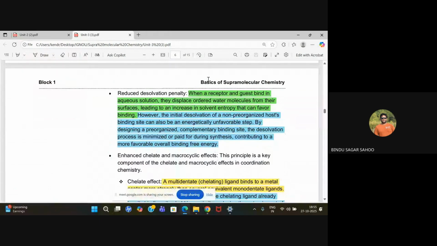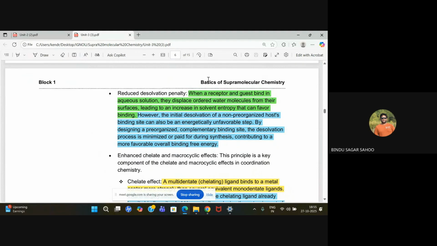However, the initial desolvation of a non-pre-organized host binding site can also be energetically unfavorable. If you take a pre-organized host, it will be energetically favorable, but if you take a non-pre-organized host, you need to put in some input energy, which is energetically unfavorable. So by designing a pre-organized and complementary binding site, the desolvation penalty can be minimized, contributing to a more favorable overall binding.